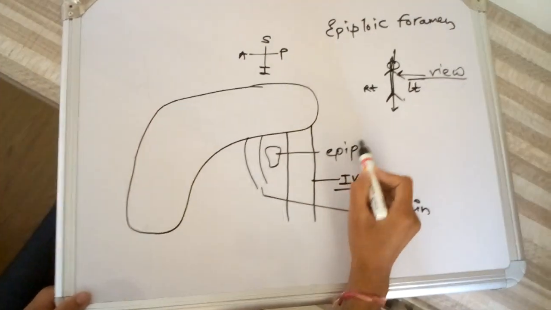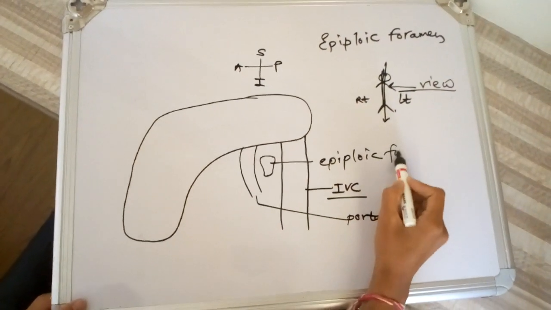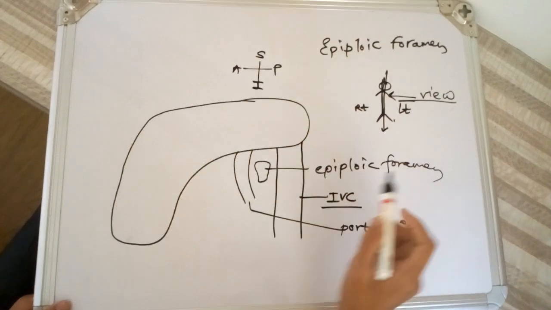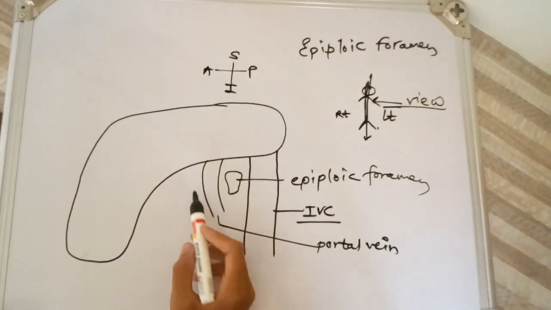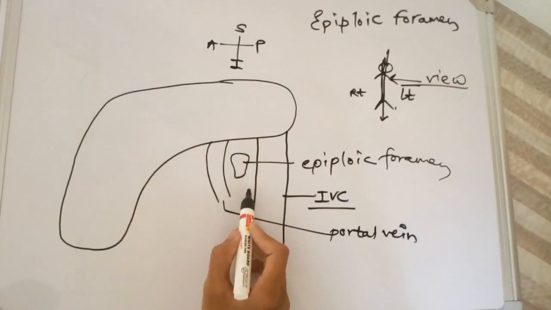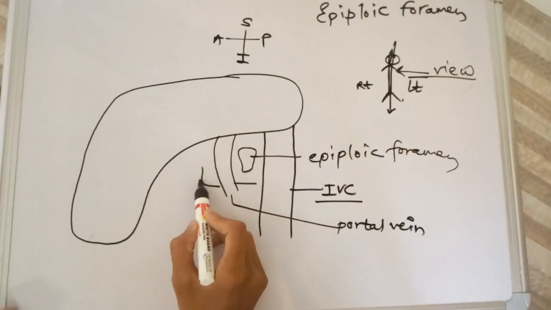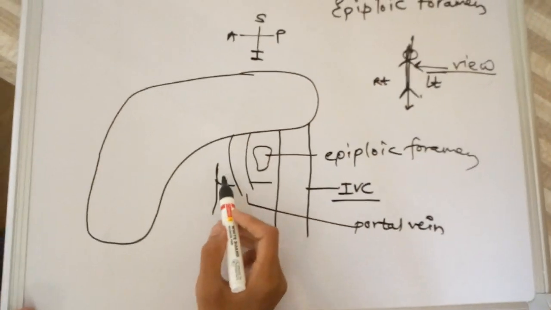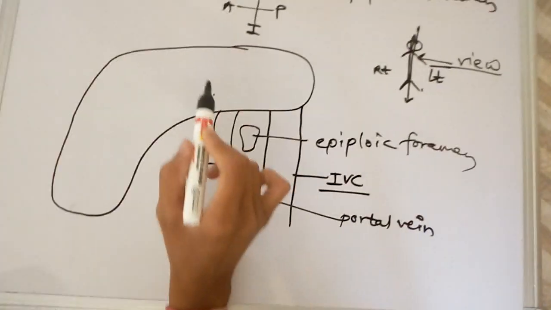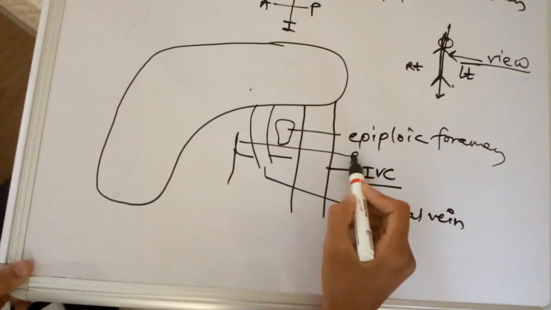In the anterior you have the artery, the common hepatic artery, which then divides into the proper hepatic artery, which goes to the liver.